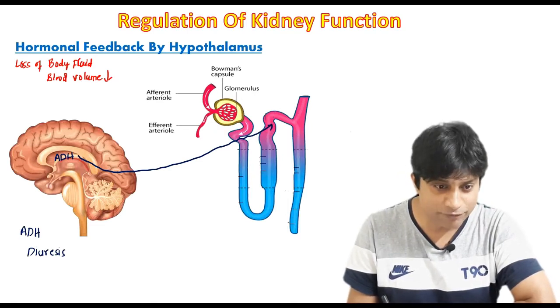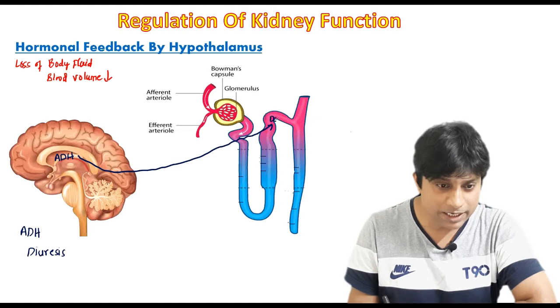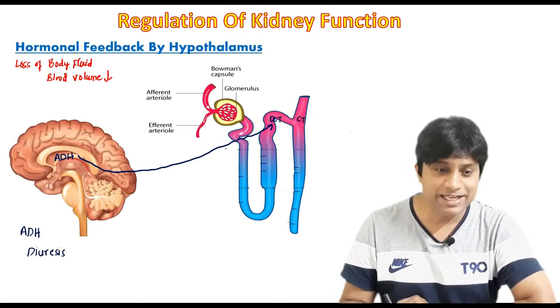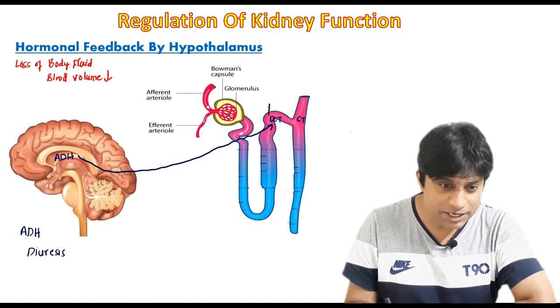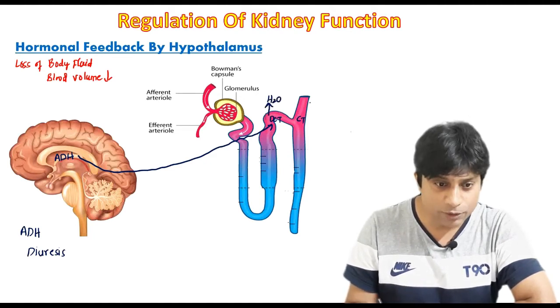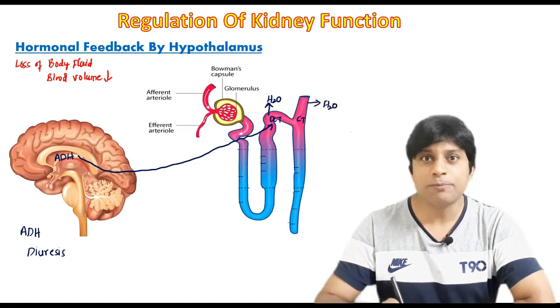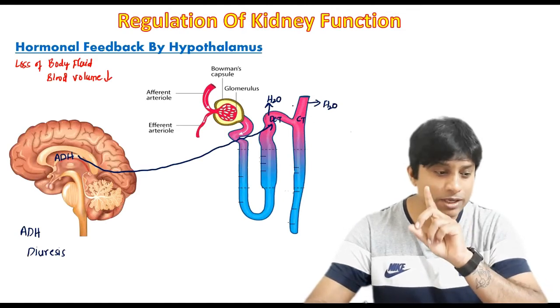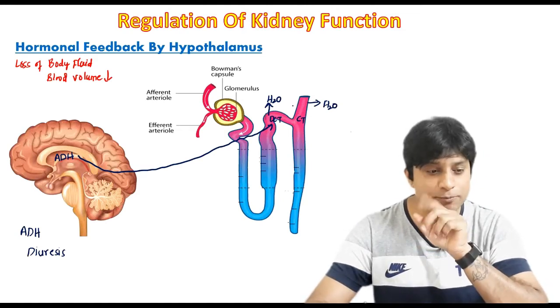So this is the DCT of the nephron, and these are the collecting tubules. This ADH facilitates reabsorption of water from the DCT and also the collecting tubules. Reabsorption of the water occurs because of ADH. So this is how it will prevent diuresis, by reabsorbing the water.